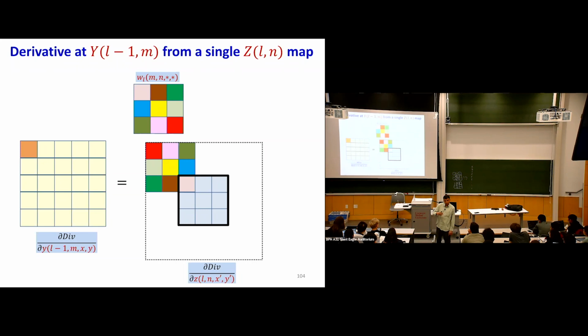So if the filter is some k cross k, how many zeros would I have to add on top and the left? Someone? K minus 1 rows of zeros and k minus 1 columns of zeros, right? So that's what I've added over here. And now I can position the filter like so and compute the inner product, which is this value, right?